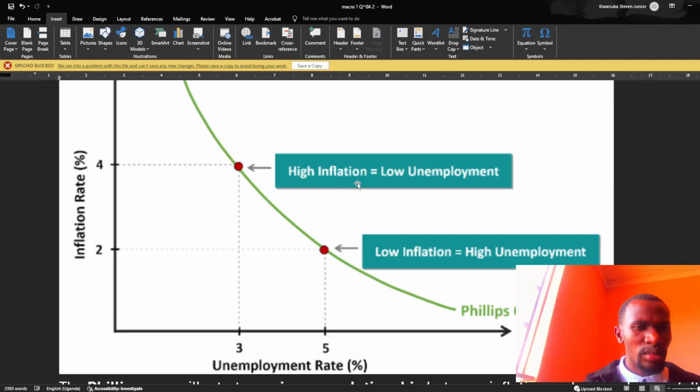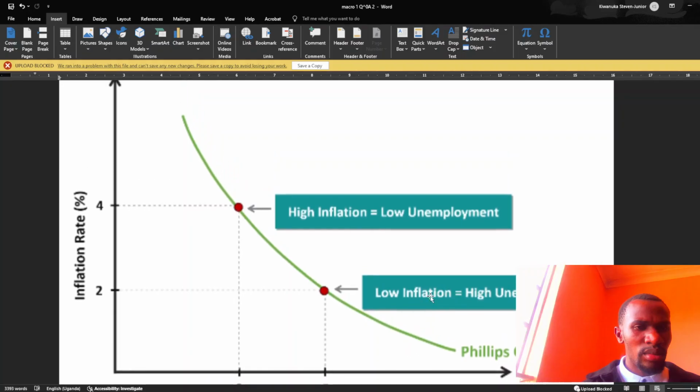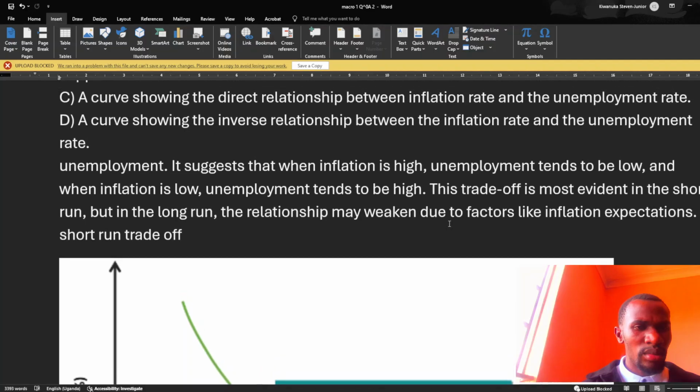High inflation, low unemployment. As inflation is very low, say at 2%, we would expect that unemployment would also be low because inflation rate is low. But my dear, unemployment is very high. So now you see low inflation, high unemployment. High inflation, low unemployment. This does not work in the long run.